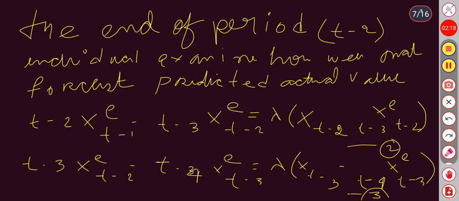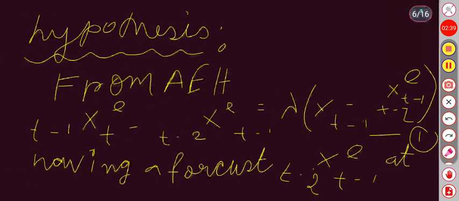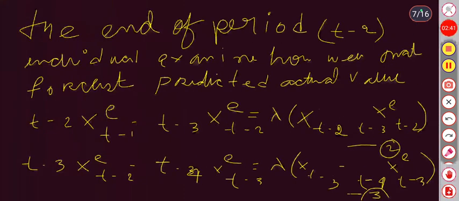And then expected value of t minus 1th period minus expected value of t minus 2th period is equal to the parameter lambda into actual value of x t minus 2 minus expected value of x t minus 2. Sorry, minus sign I forgot to mention.